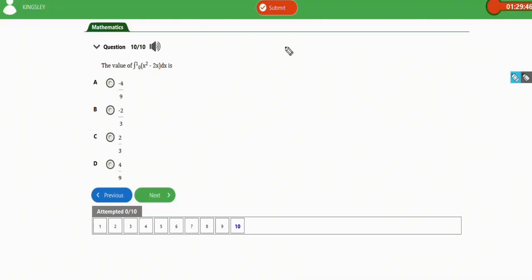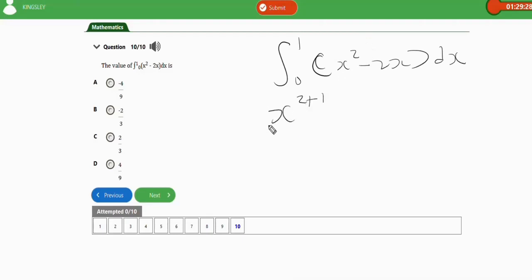the integral from 0 to 1, in brackets, of x^2 minus 2x, dx. So when you integrate what we have in the bracket, we're going to have x^(2+1) over (2+1) minus 2x^(1+1) over (1+1).